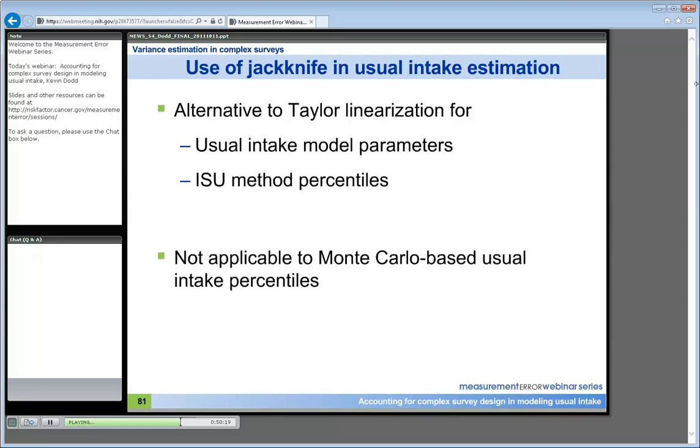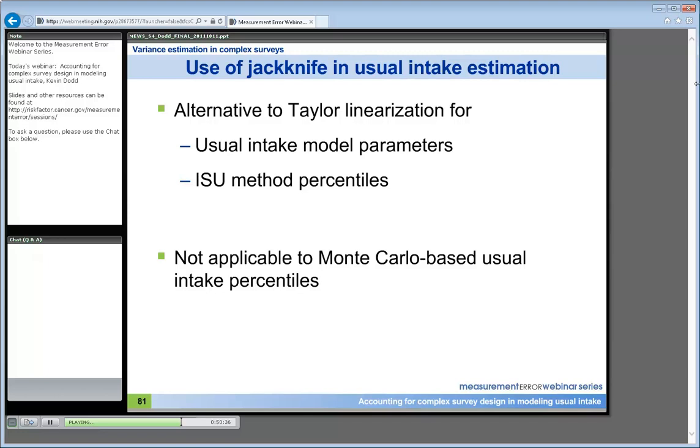Now, the theory of the jackknife says that it works with the same class of estimators that Taylor linearization works for, generally the smooth kind. And for purposes of usual intake estimation, this means it will work for model parameters and regression slopes, which is, as I said, one of the mean-like kinds of statistics.